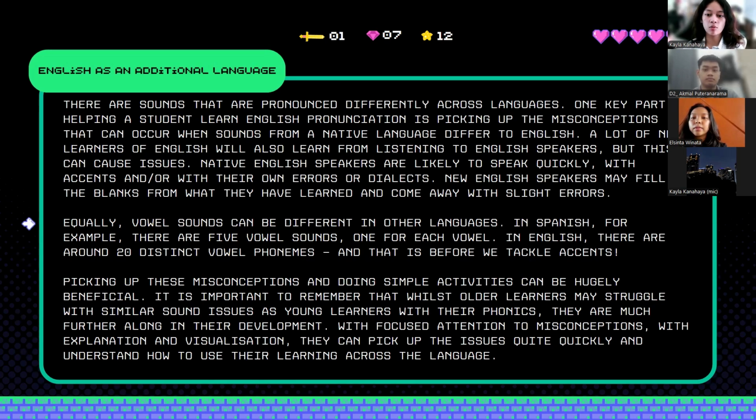It is important to remember that whilst older learners may struggle with similar sound issues as young learners with their phonics, they are much further along in their development. With focused attention to misconceptions, with explanation and visualization, they can pick up the issues quite quickly and understand how to use their learning across the language.